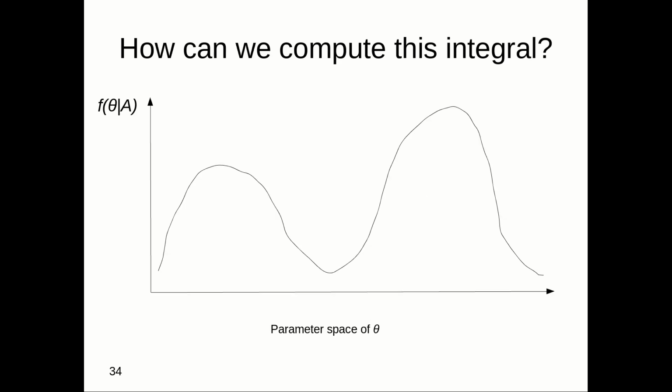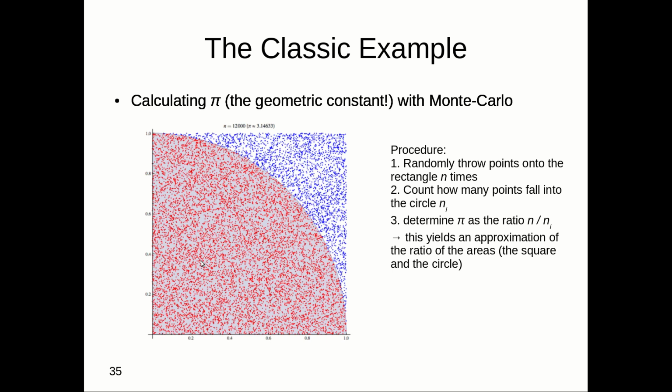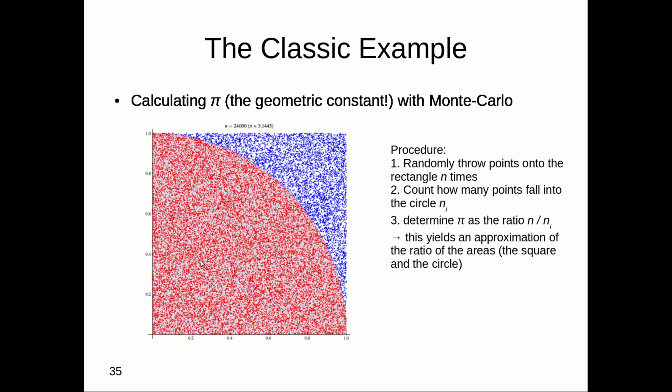Right. So here's one question. This is the x-axis. We have the parameter space of theta, and on the y-axis we have the probability density or posterior probability. Right. So here's a classic example of how Monte Carlo methods work. If I cannot calculate something exactly, I need to approximate it numerically.